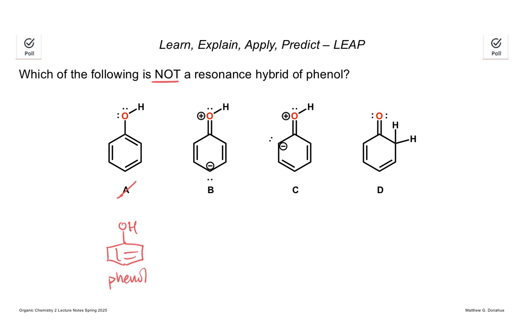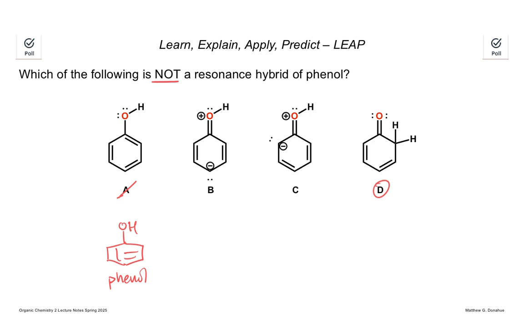Remember, resonance is the movement of electron density. It's not the movement of atoms. So which one is showing the movement of atoms? D is showing that H on the oxygen moving to a carbon. So that's a separate sort of process that's not resonance.